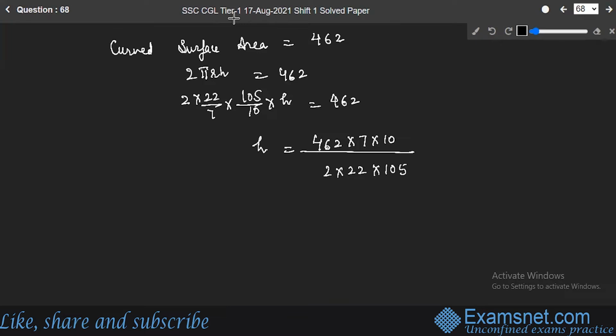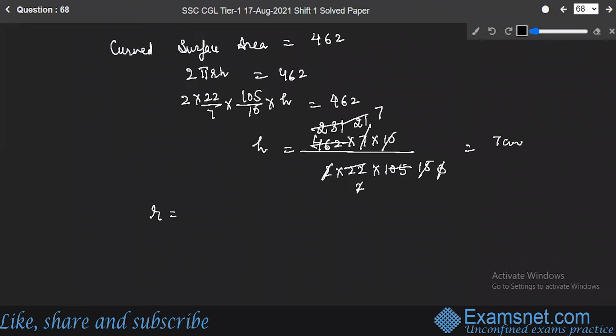Right? So from here, you will be doing all the calculations. This will cancel, this will cancel, and like this will be going on 2, this 21. So this will go on 3, and here 10 will be cancelled, and you will have 7. So 7 centimeter came out to be height.